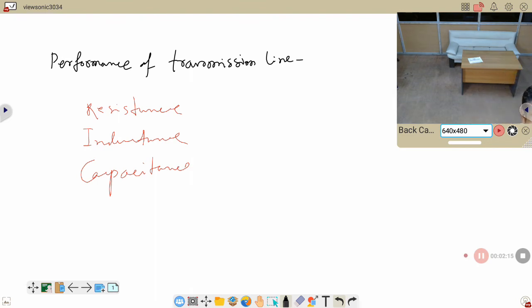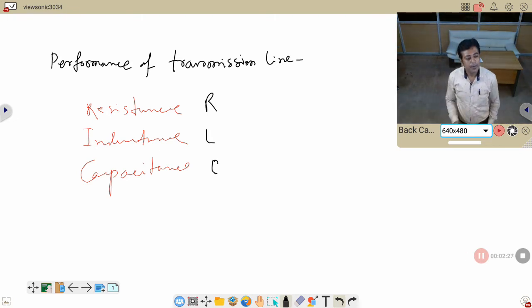That means R, L and C. These three parameters are predominant on the transmission line.